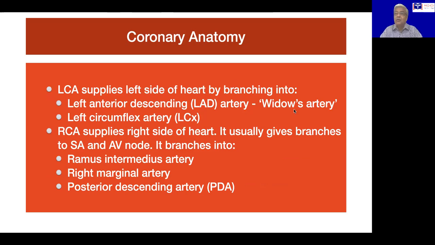The next important branch of the left coronary artery is the left circumflex artery. The right coronary artery supplies the right side of the heart. It usually gives branches to very important structures, that is the SA node and the AV node. In addition, the main branches of the right coronary artery are the ramus intermedius artery, the right marginal artery, and the posterior descending artery, which is also called the PDA in common parlance.